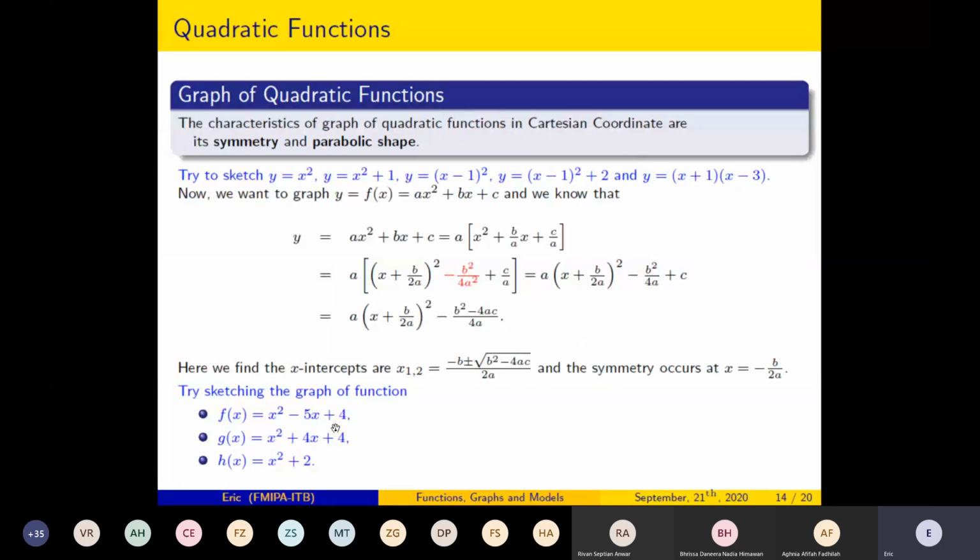There are so many things involved, but you just have to remember this quadratic function. And the rest, you can forget it. Just remember this one, how to draw this one.